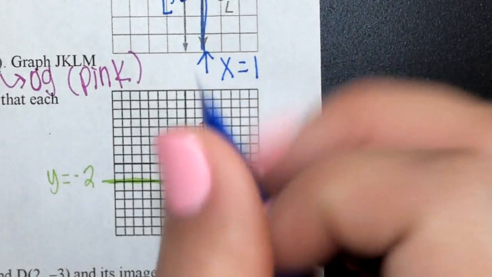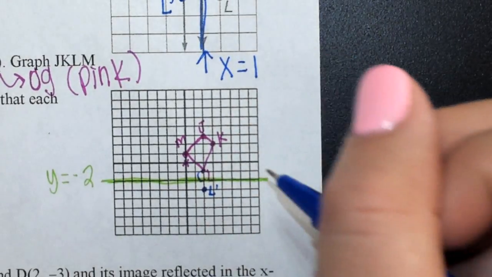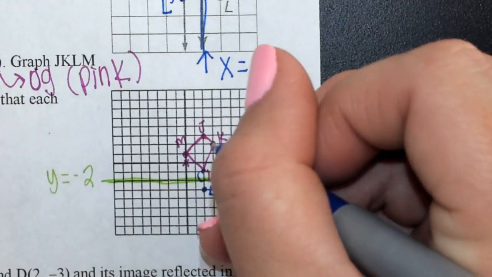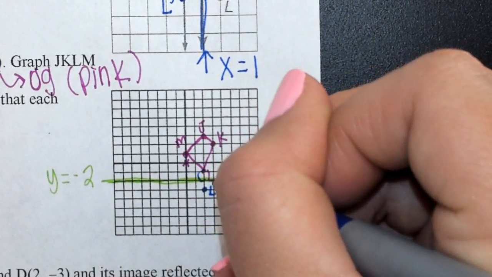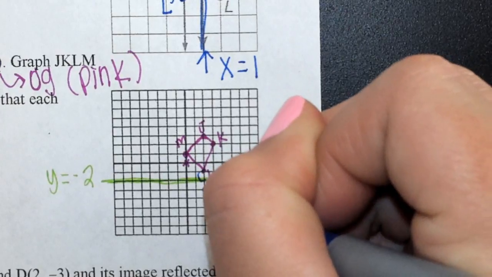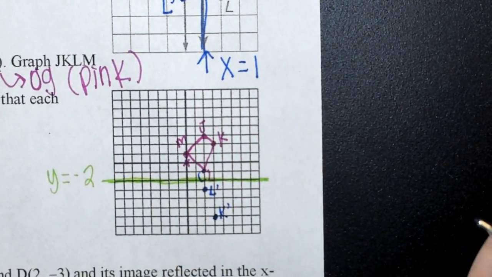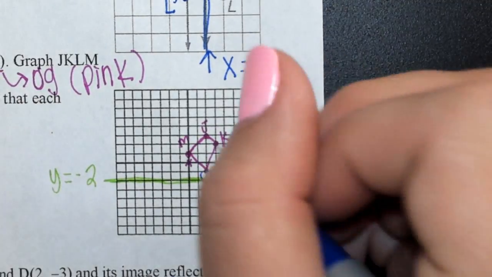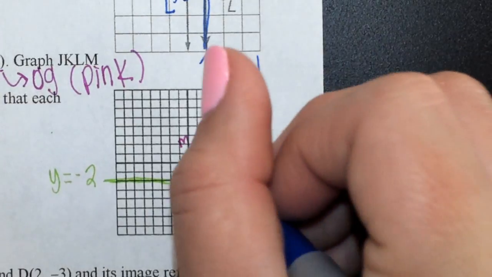How many boxes away is K? 4. Now stay on this same line. So you want to stay on the same line and just go 4 the other way. What about J? 5.